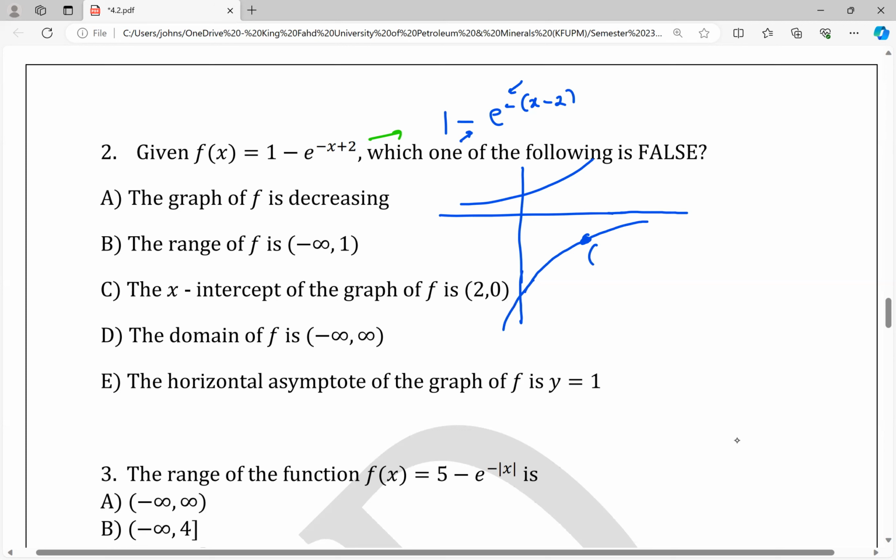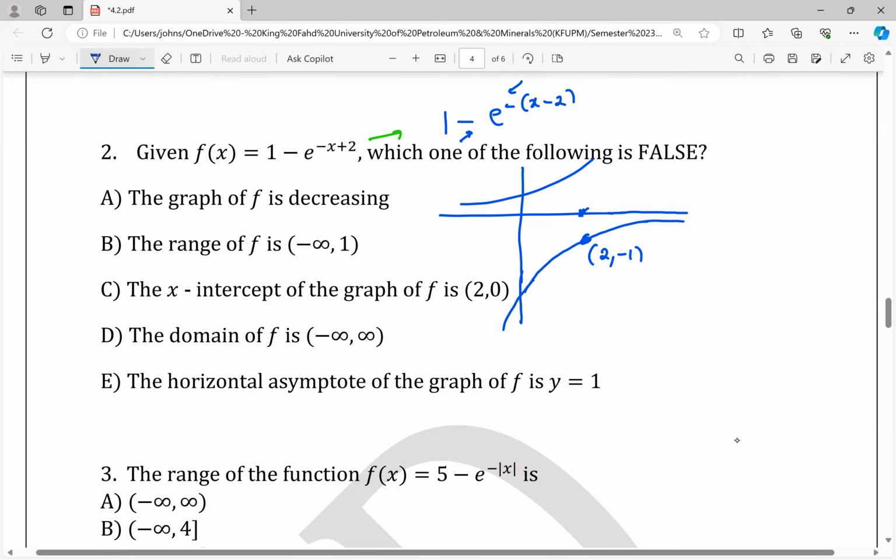So this point is nothing but 2 and minus 1. And then we need to move 1 unit up. To move 1 unit up now is going to be here. So this will be the final graph.